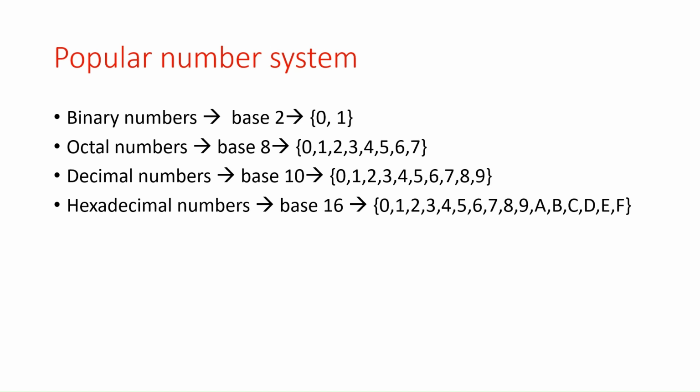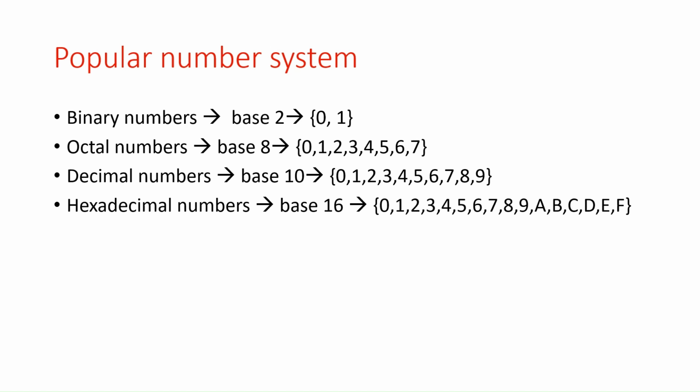The hexadecimal number system, or base 16, has 16 unique digits: 0, 1, 2, 3, 4, 5, 6, 7, 8, 9, and after that it uses the letters A, B, C, D, E, and F. A has a value of 10, B has a value of 11, C 12, D 13, E 14, and F 15.